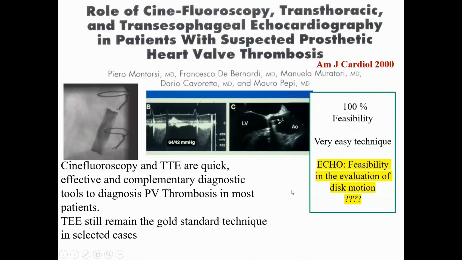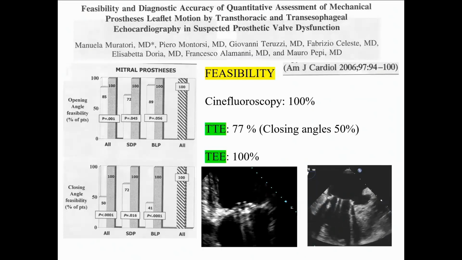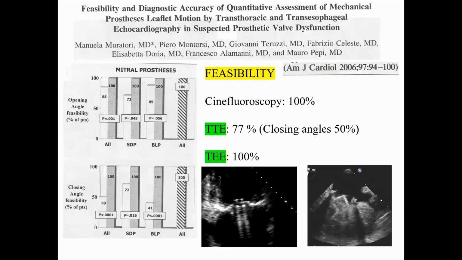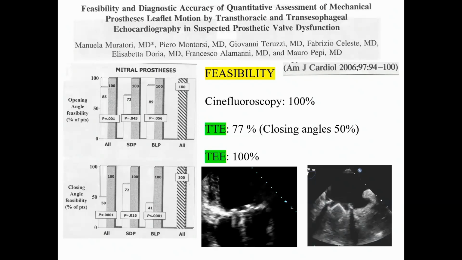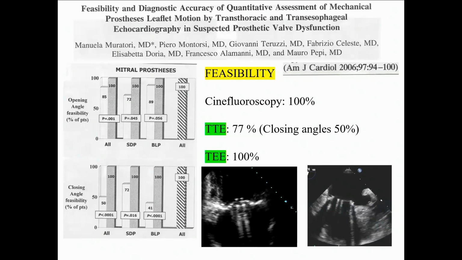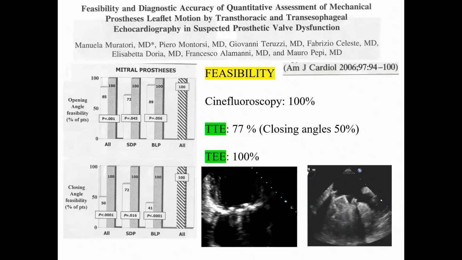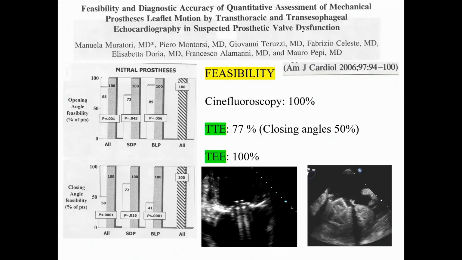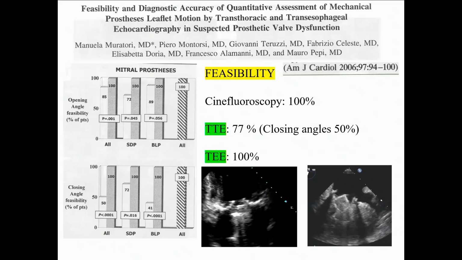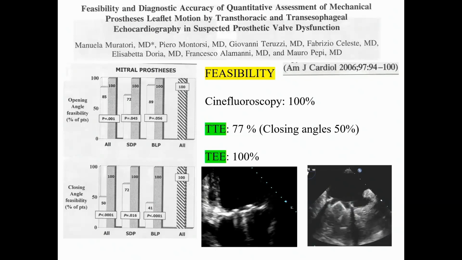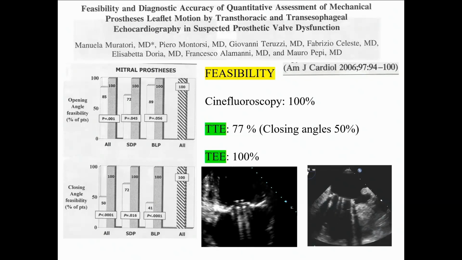Just a first paper, 2000, in which we suggested to have the cine fluoroscopy, the Doppler, and when useful, also the TOE. So the first point is in how many cases we may demonstrate the normal motion of the disc. For the mitral valve, if we consider cinefluoroscopy 100%, we have the TT with an accuracy of 77% and the TOE 100%.